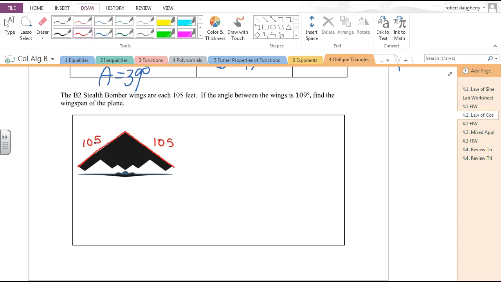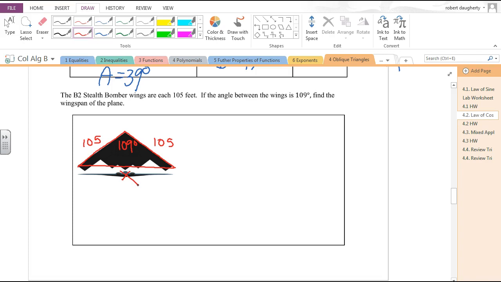That's the angle right there at the top. So this angle is 109 degrees. And then what is the wingspan? The wingspan is the length between. So they're asking me to solve for that. That's what they want to know.